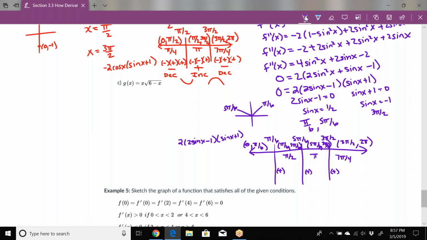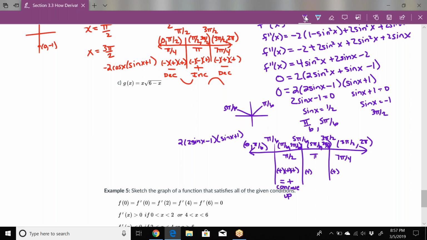And then pi over 2. So pi over 2 for sine, remember, is a 1. So this is 2 times 1 minus 1, so that's going to be positive. Okay, sine of pi over 2 is positive, and you add a positive to it, so it's 1 plus 1, that's going to be 2, also positive.